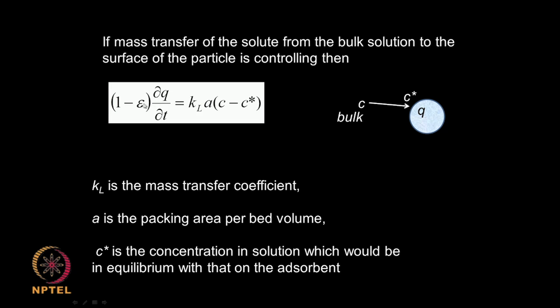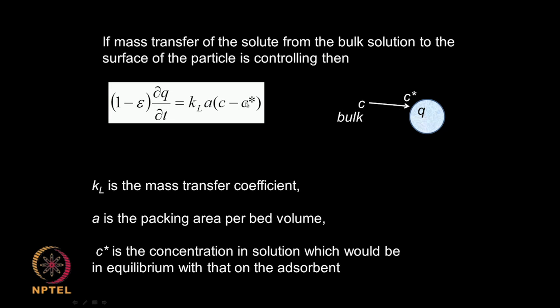Then your equation could be (1 minus epsilon) dq by dt, that is the concentration of the solute on the stationary phase as a function of time. This will be equal to KL A (C minus C star), where KL is the mass transfer coefficient, A is the packing area per volume, and C minus C star is the driving force.